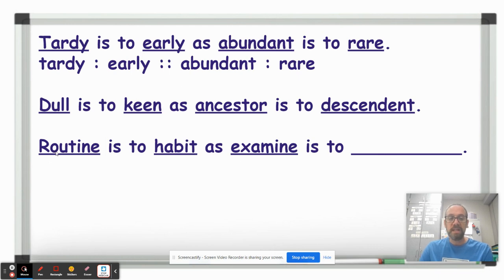Okay, so routine is something that you do consistently, often on a schedule, which often is a habit that you begin to form. So these are actually synonyms of one another. So the word you picked here should be a synonym for examine. And one potential answer is inspect. I examine something, I inspect something, I look into something, right? So this is a relationship between synonyms.